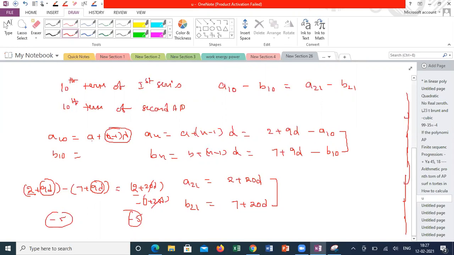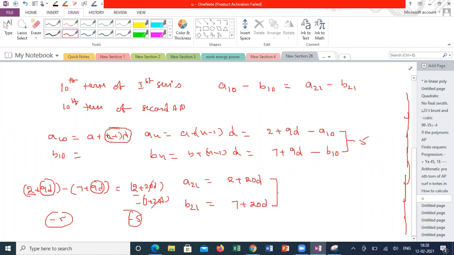Am I right? How will you justify this answer, in case the same kind of question comes in the exam? What I'm trying to say? How will you justify this answer? It's very simple. Suppose I take the difference between these two terms, how much is it? 5.